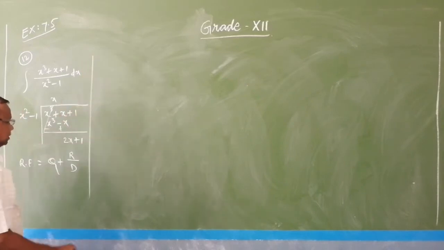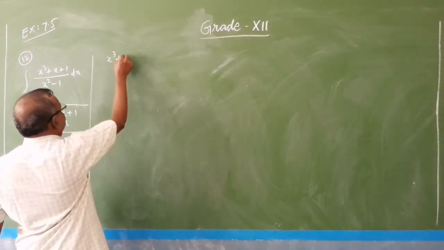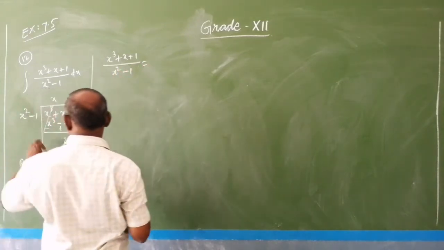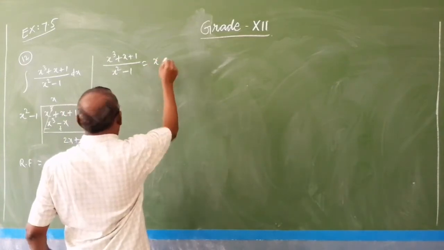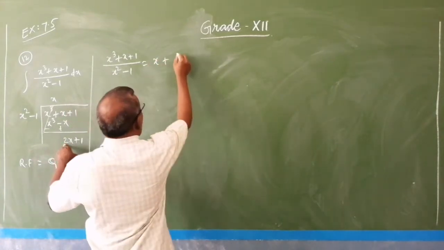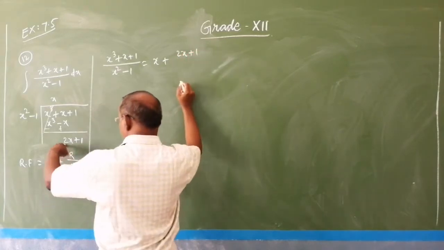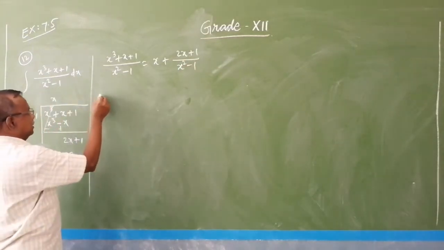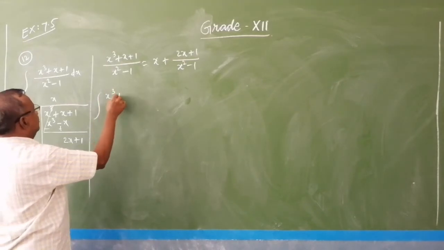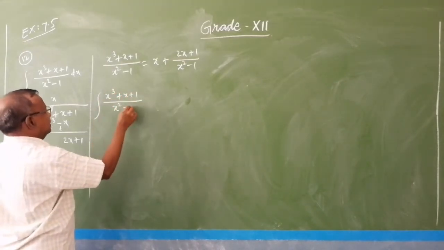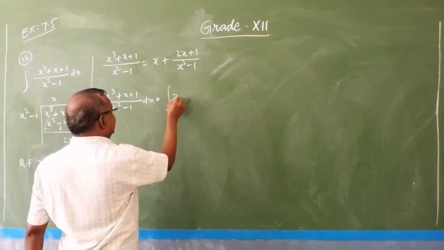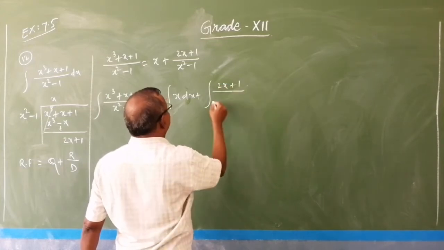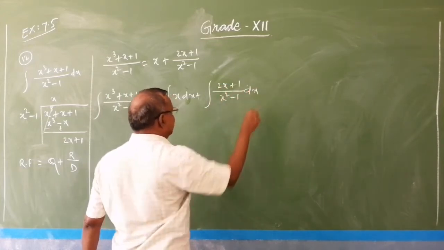So (x^3+x+1) divided by (x^2-1) is equal to the quotient x plus the remainder 2x+1 over the divisor x^2-1. So the integral of (x^3+x+1) divided by (x^2-1) dx can be written as the integral of x dx plus the integral of (2x+1) divided by (x^2-1) dx.